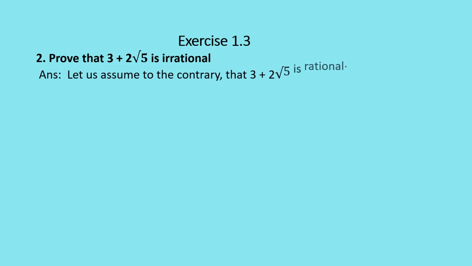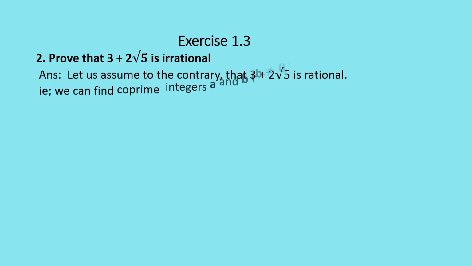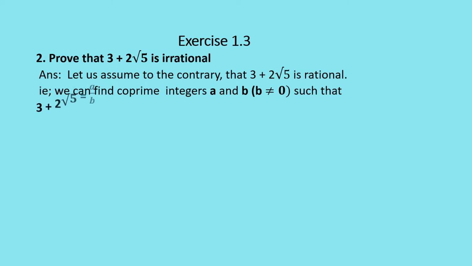Moving to exercise 1.3, question number 2, prove that 3 plus 2 root 5 is irrational. So proving this, let us assume to the contrary that 3 plus 2 root 5 is rational. So we can find two coprime integers a and b, b not equal to 0, such that 3 plus 2 root 5 equal to a upon b. That is a rational number. Now taking 3 to the RHS, you can write 2 root 5 equal to a upon b minus 3.